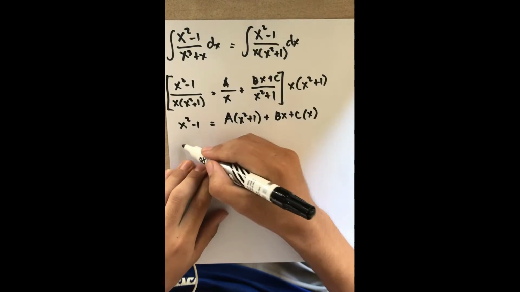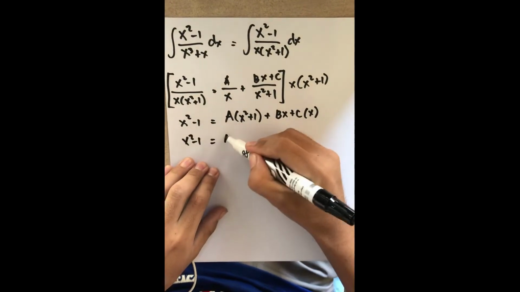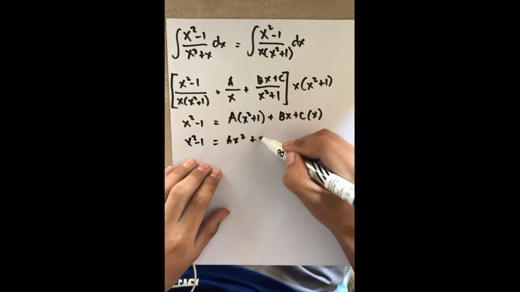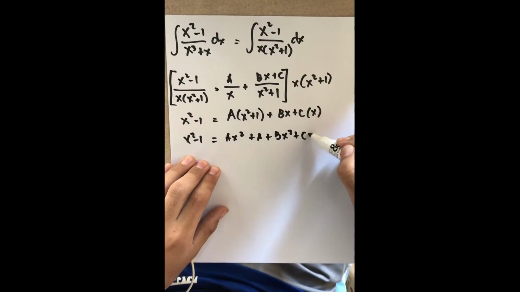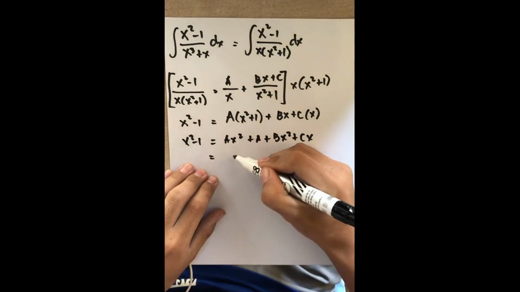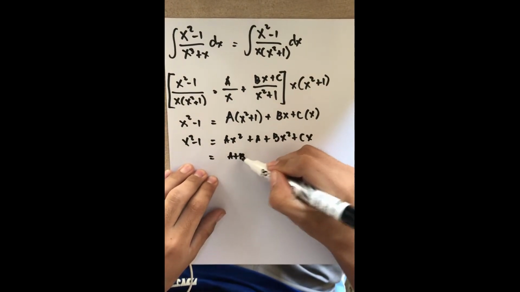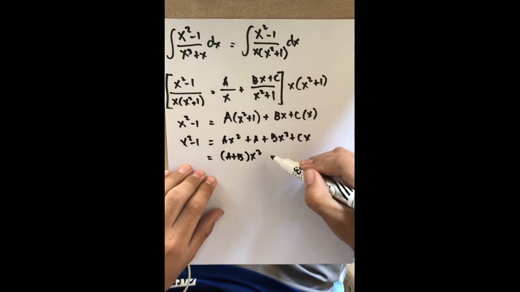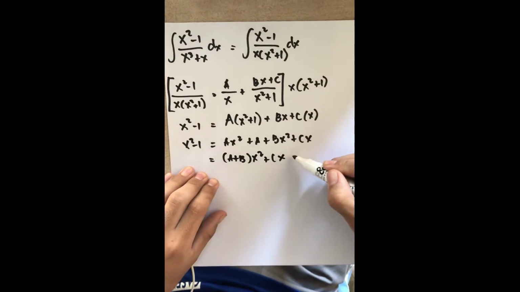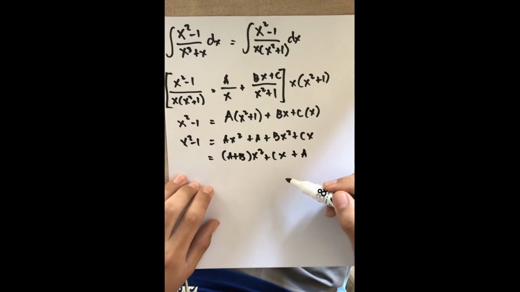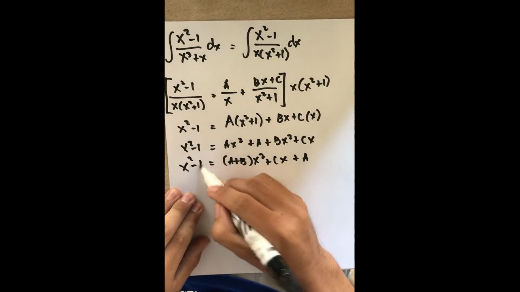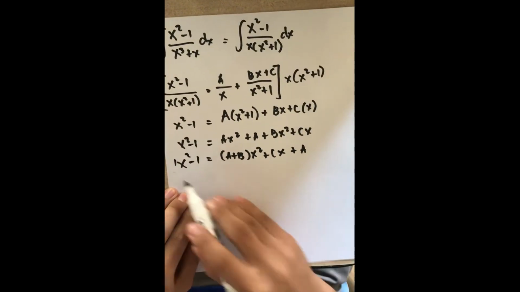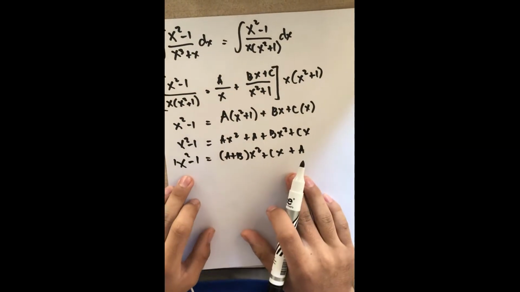So x squared minus 1 is equal to ax squared plus a plus bx squared plus cx. Distributing, x squared minus 1 is equal to (a plus b) x squared plus cx plus a.